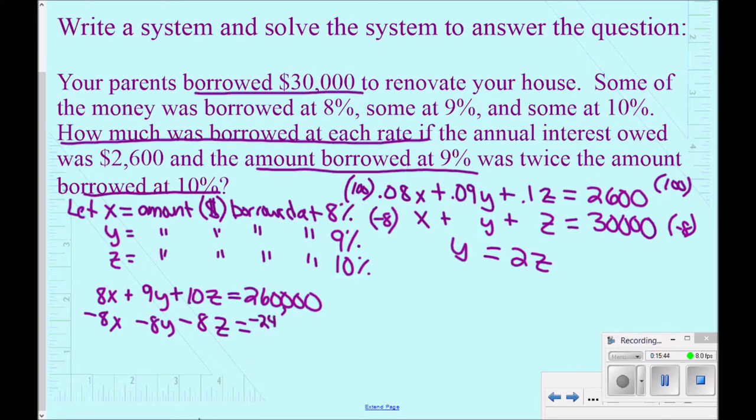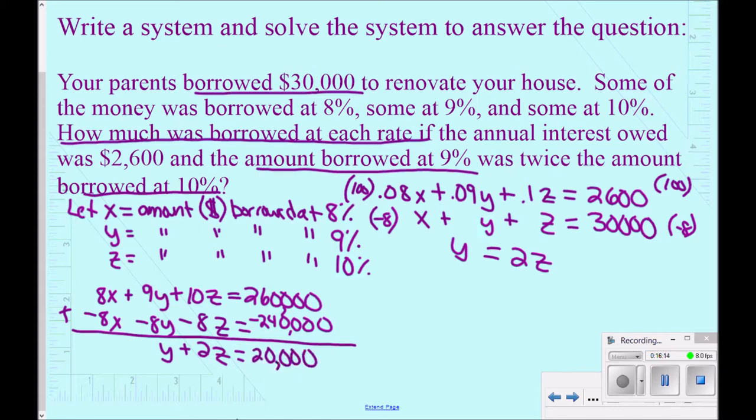And then I'll just add all those zeros. So we have negative 240,000. So now I can combine those and eliminate my x's. So I have 9y minus 8y, which is 1y. I have 10z minus 8z, which is 2z. And I have 260,000 minus 240,000, which is 20,000.